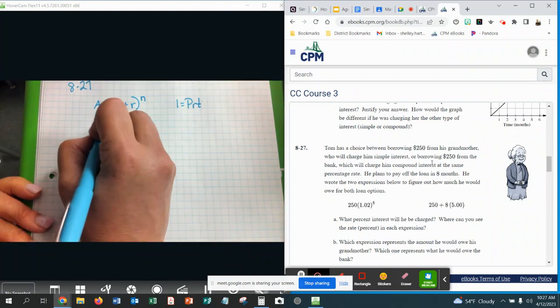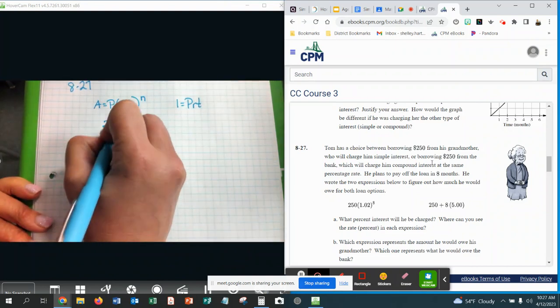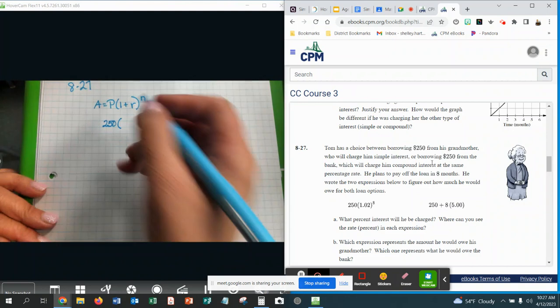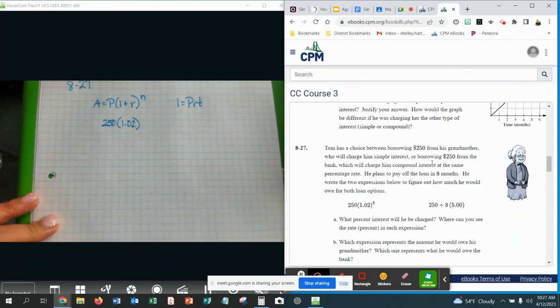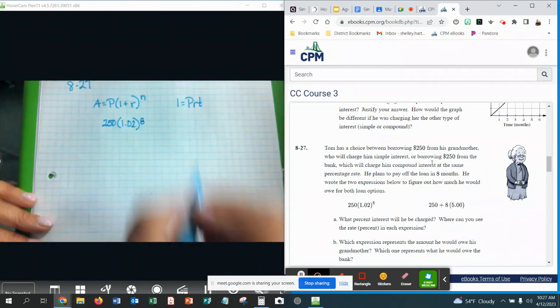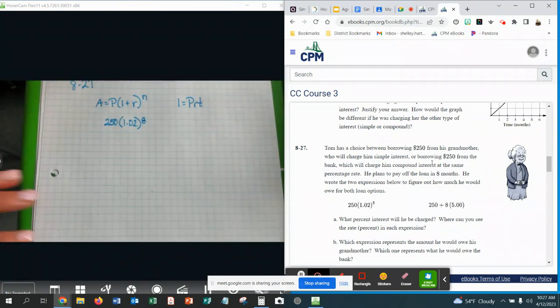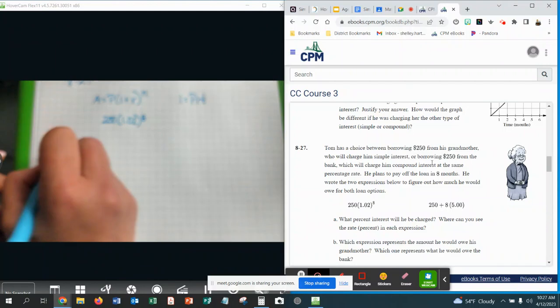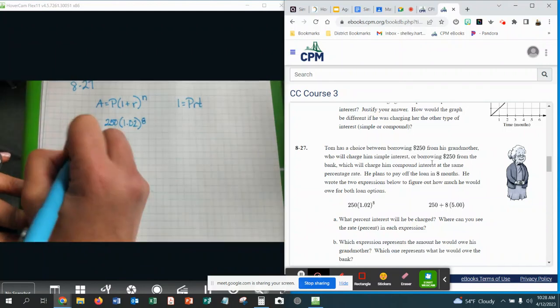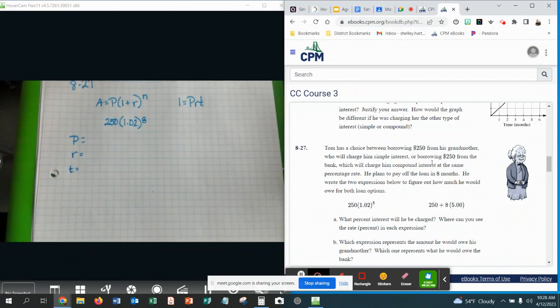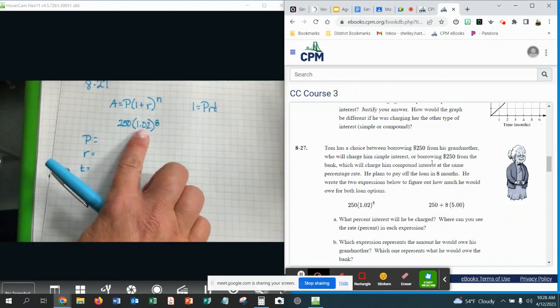They have 250 times 1.02 to the 8th. So from this, can you tell me what's the principal, what's the rate, and what's the time? Take a look. They've given you all the information.